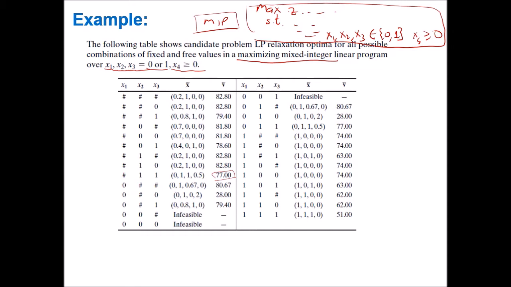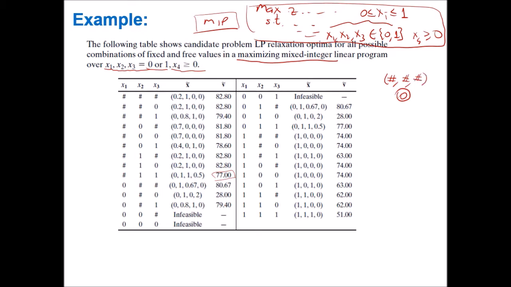In this table, remember, in branch and bound, we start with the root node. The root node is the LP relaxation. And what is that? All decision variables will be relaxed to take values between 0 and 1. It means that all decision variables are free. So x1 is free, x2 is free, x3 is free.